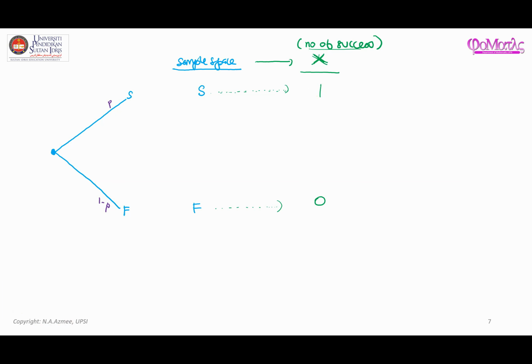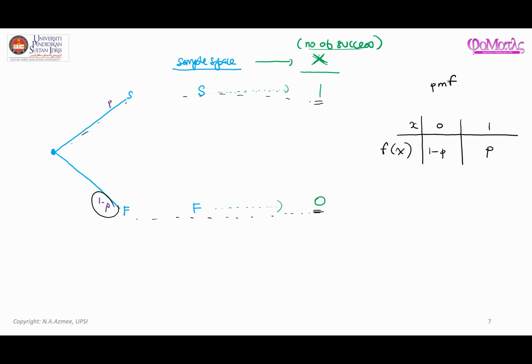So we can construct a table where we have values of x equal to 0 and 1, and we can clearly find out the probability of getting 0. The probability of getting 0 is just 1 minus p, so here we can write down 1 minus p, and the probability of getting 1 is going to be equal to p. So that's how you can represent the probability mass function using a table.